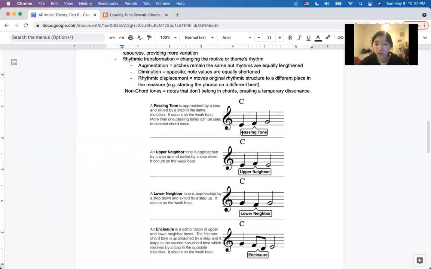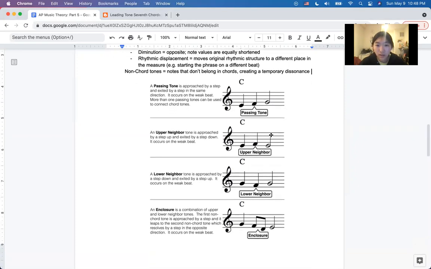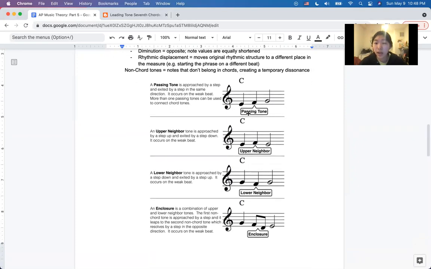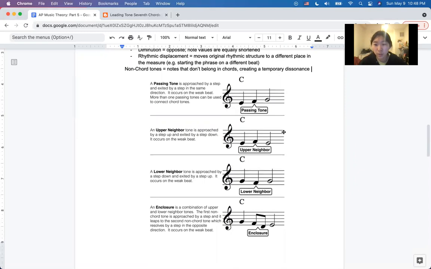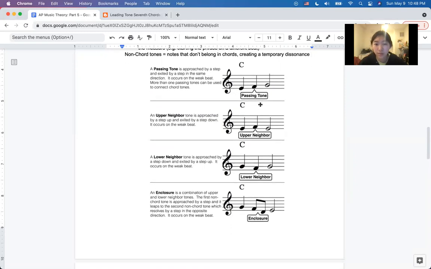This is when you use a note between the two notes you're connecting. You have, for example, here the E, F, G. This would be the passing tone. This usually occurs on the weak beat, but it can also be accented, which I will describe really soon.